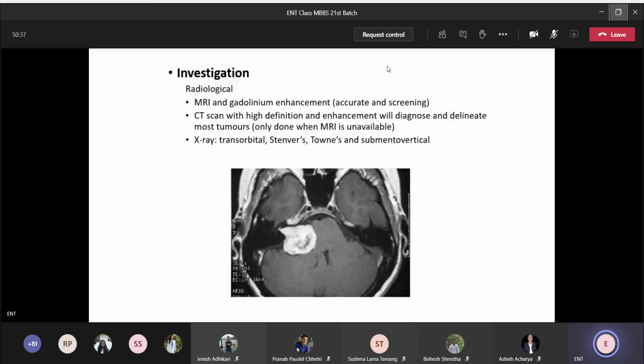But if you have the facility, you do not only stick to the X-ray; the gold standard is MRI with gadolinium enhancement. So this is the accurate and even screening. MRI with gadolinium enhancement is the gold standard. And if MRI is not available, you can go ahead and do a CT scan and rule out the tumor.